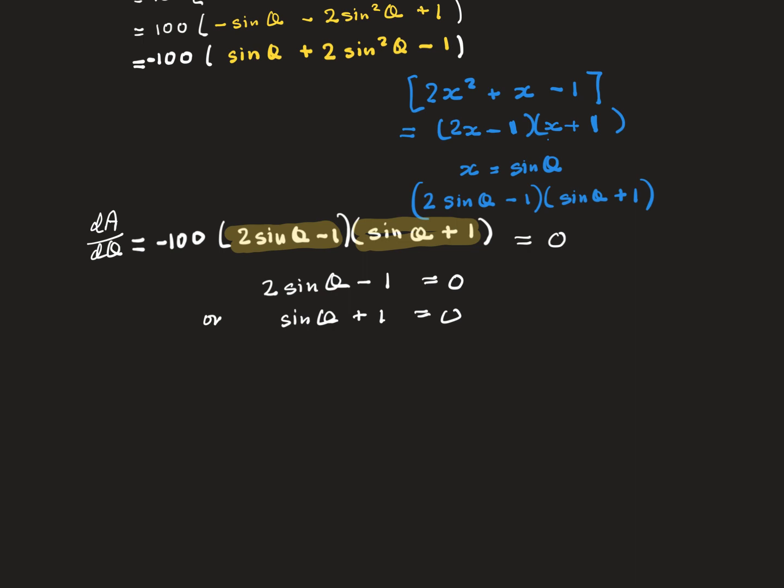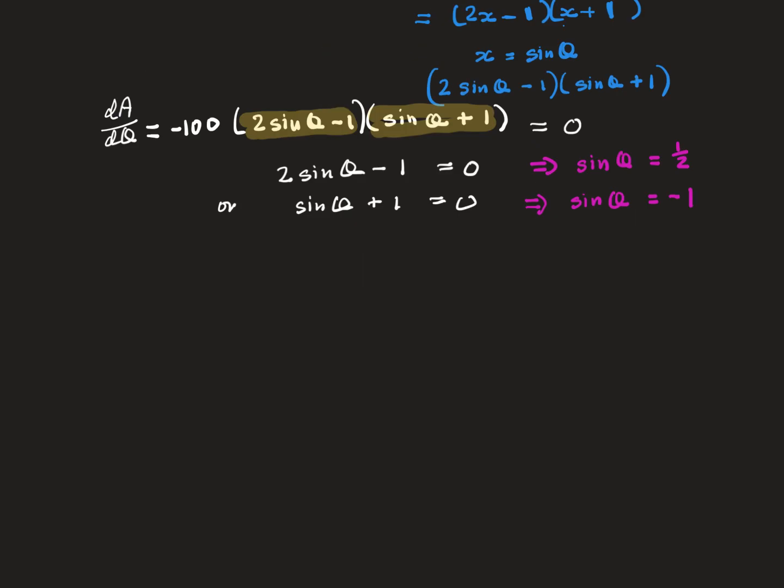This means that sine theta must be equal to a half, and this suggests that sine theta must be equal to minus 1. So we have two options. Sine theta must be a half, or sine theta is equal to minus 1.